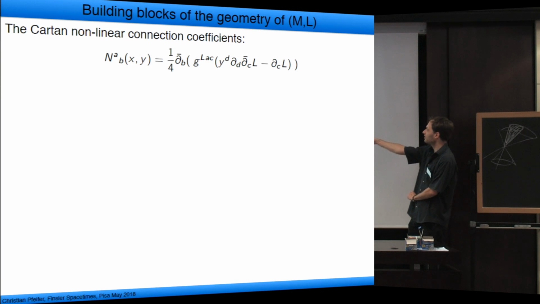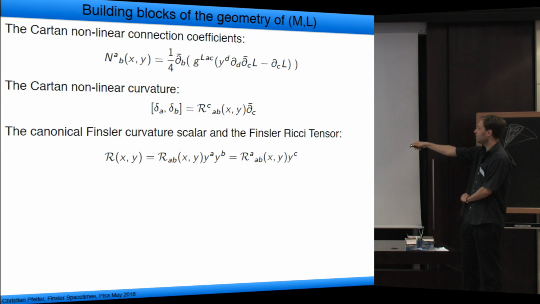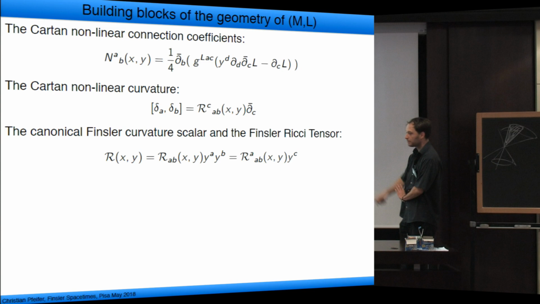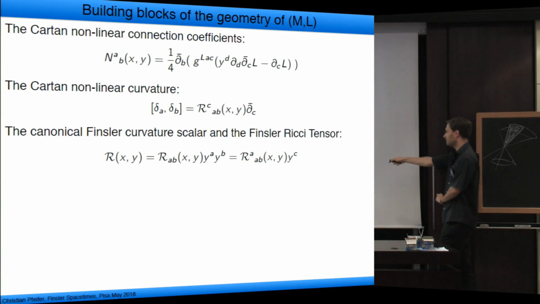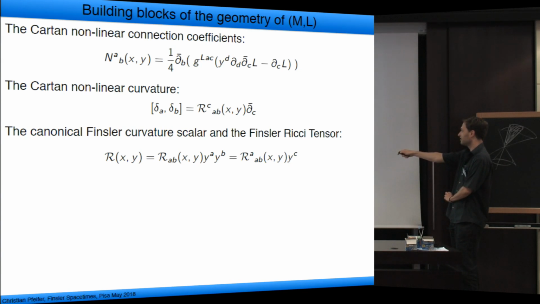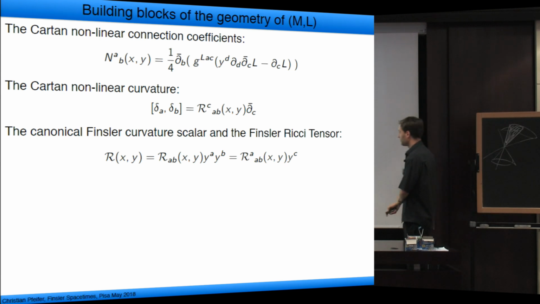So here we construct the Cartan nonlinear connection in terms of this Finsler Lagrangian. Its curvature is given by the commutator of the horizontal basis vectors. And then we can define the canonical Finsler curvature scalar and the Finsler-Ricci tensor by taking the trace over these two indices here and contracting the last free slot with a direction.